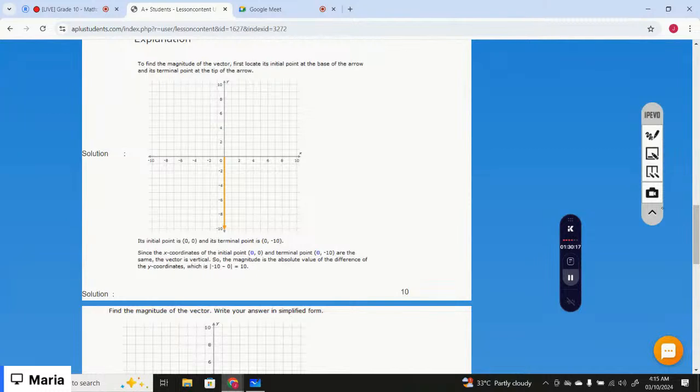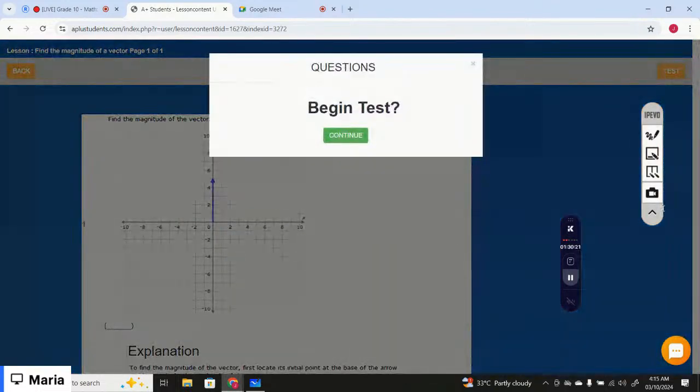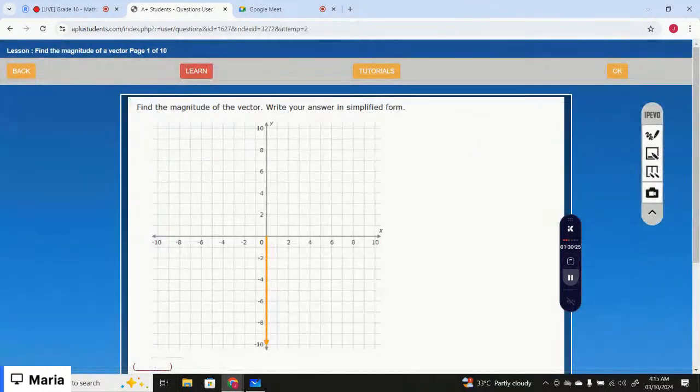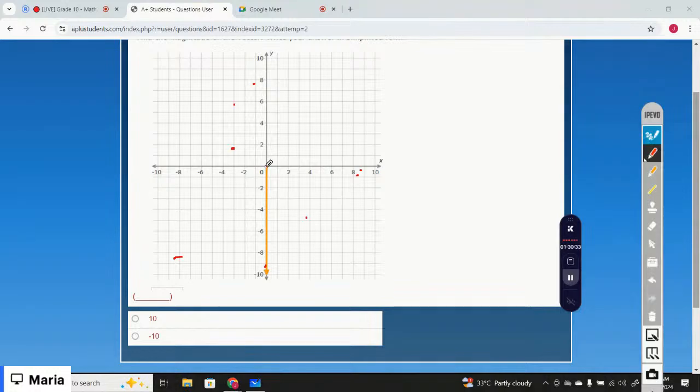Let's just start with the test questions, right? Find the magnitude of the vector. Write your answer in simplified form. So the initial point of the vector is 0, 0 and the second one is 0, negative 10, right?